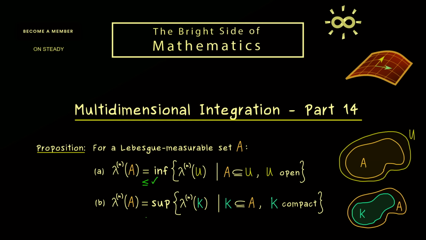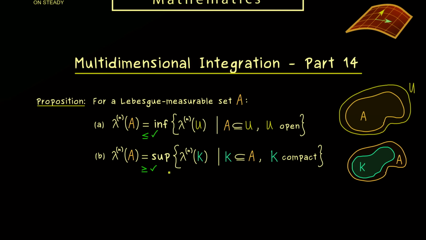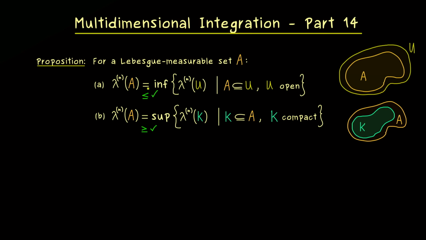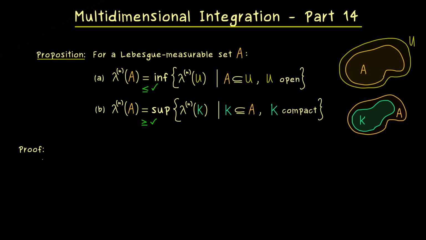And on the other hand, we have the other inequality for this second statement. So the measure of K is always smaller or equal than the measure of A, so it also holds for the supremum. Therefore, if we start with the proof, we actually only have to show one inequality each. And that's exactly what we do now. The whole video will just be about showing these two statements.